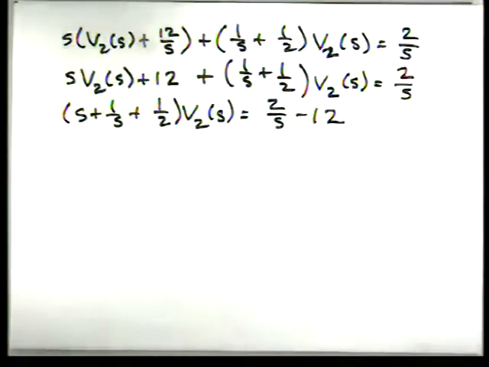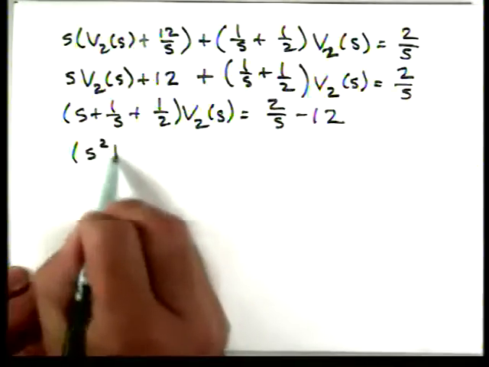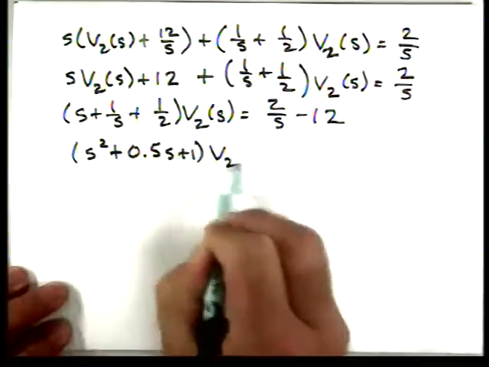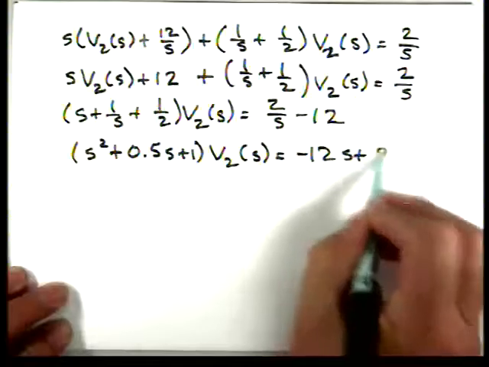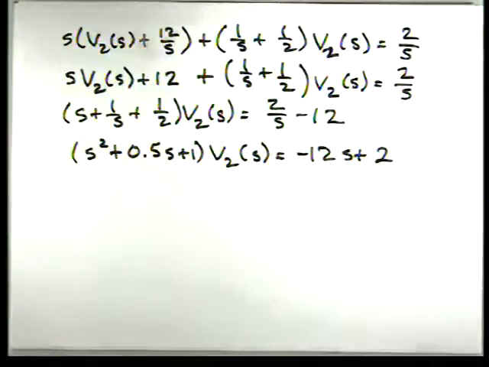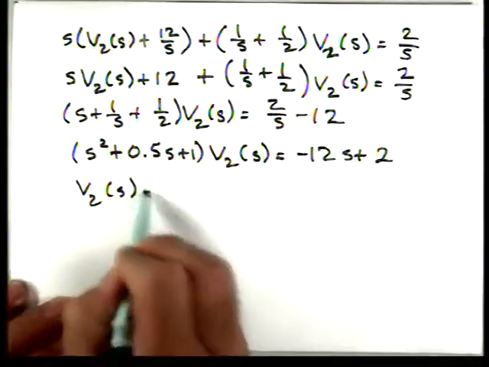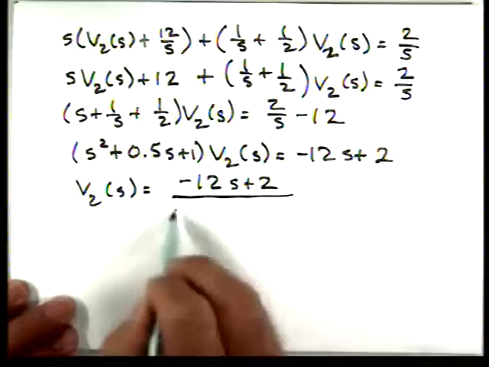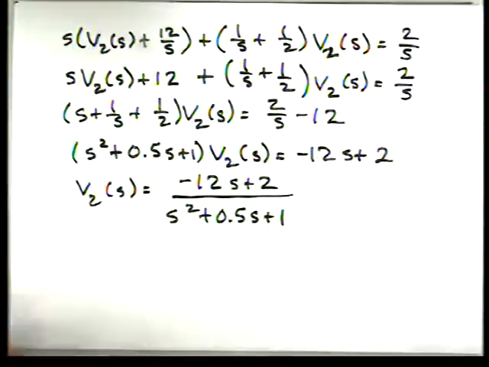And now let's multiply through by S. So now this becomes S squared plus 0.5S plus 1 times V2 of S is minus 12S plus 2. So then V2 of S is minus 12S plus 2 over S squared plus 0.5S plus 1.